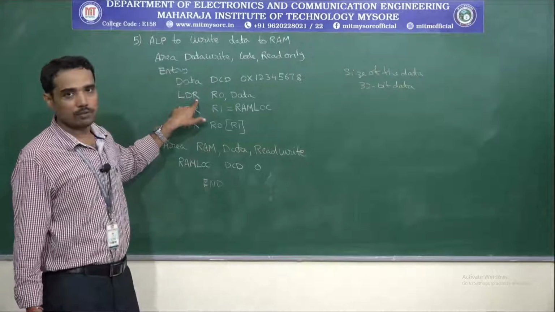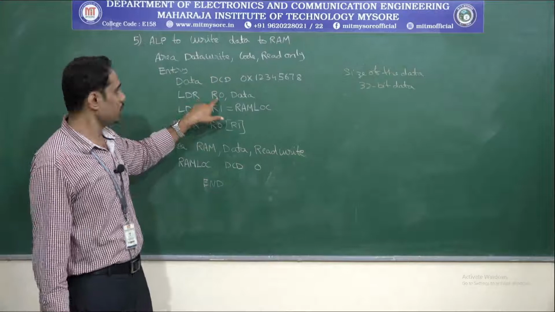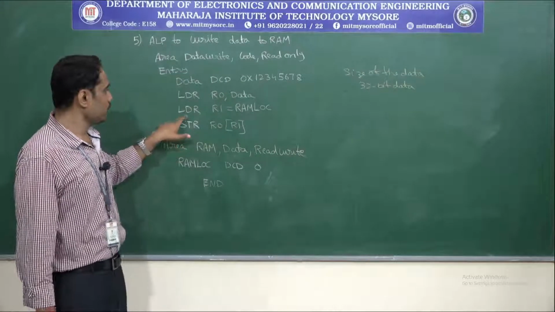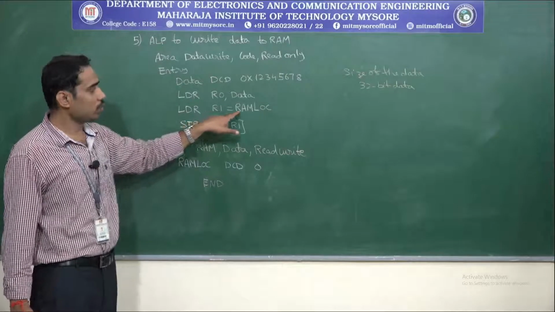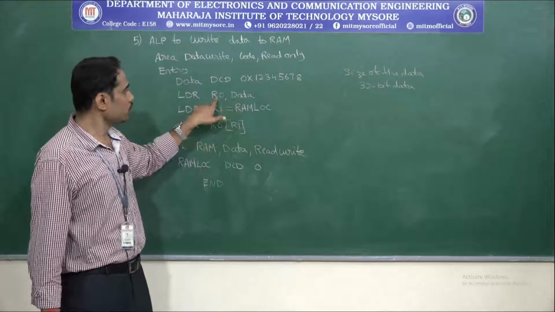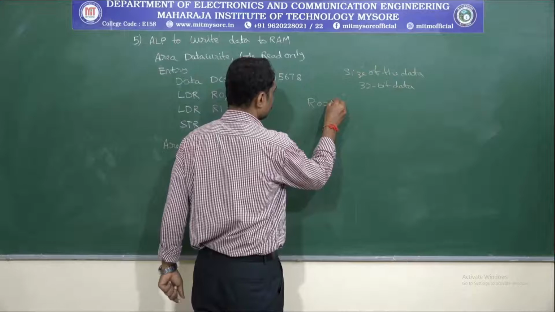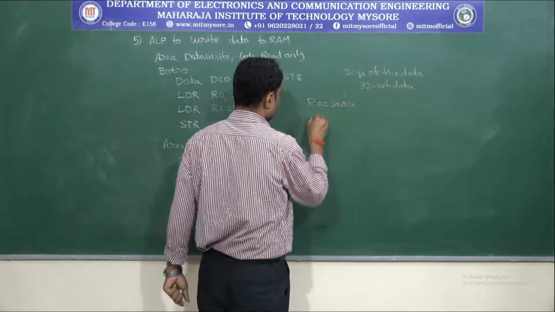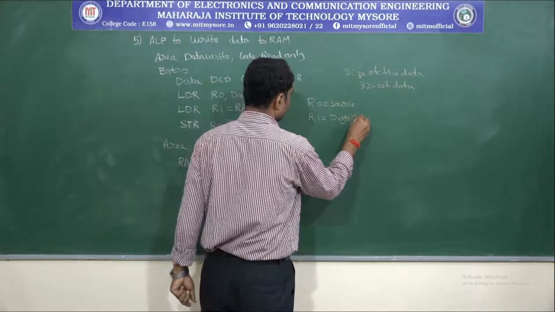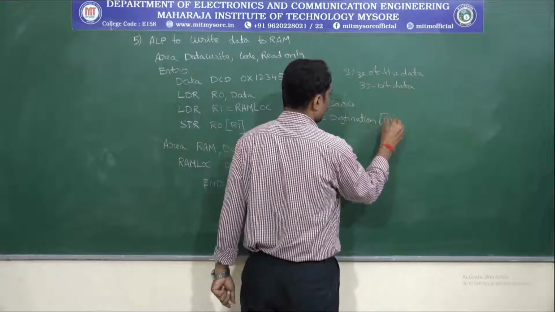LDR, first we have to fetch the data from memory to the register. From memory to register R0. The data comes into R0. Then LDR R1 is equal to RAM location. We are assigning a variable name. R0 is the source, and R1 is the destination, which is nothing but the memory location.